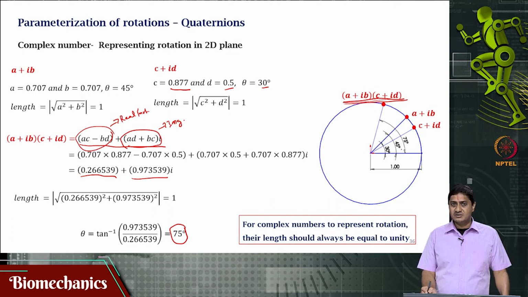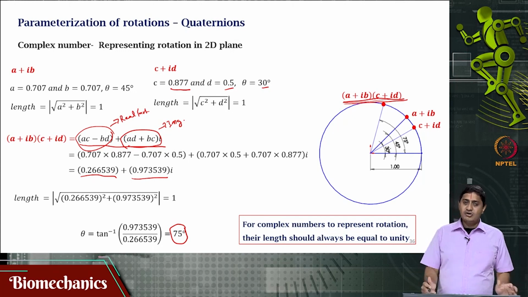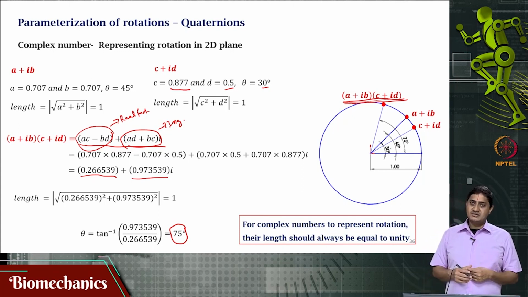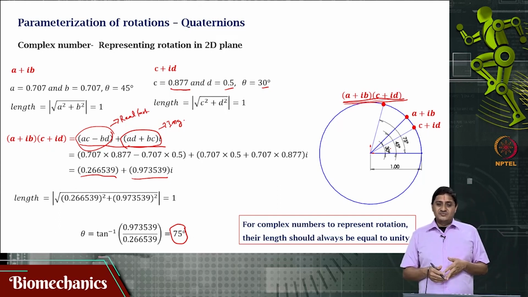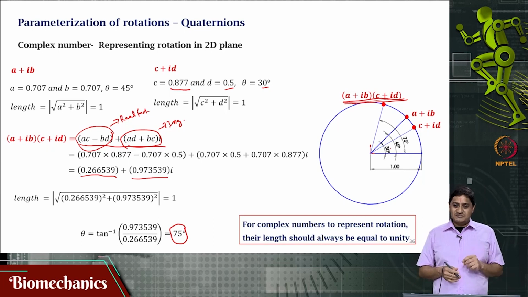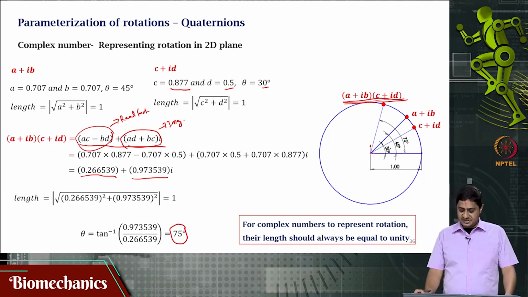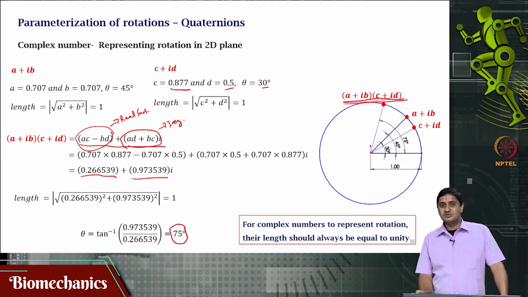When you sum them, the total rotation would be 75 degrees. For this to happen, there is a precondition, that the length should always be 1. Only when the length is 1, you can use complex numbers to represent rotations, something that we need to keep in mind.